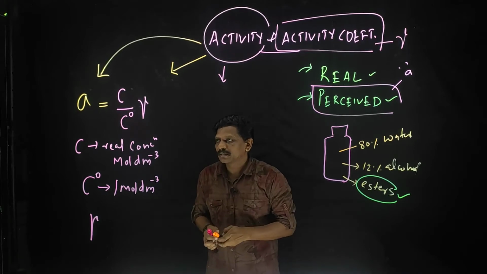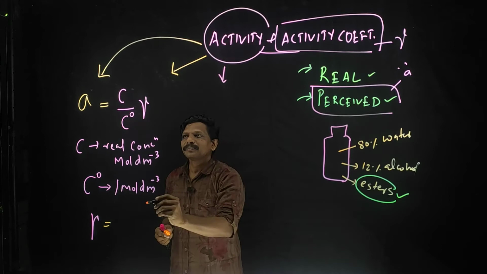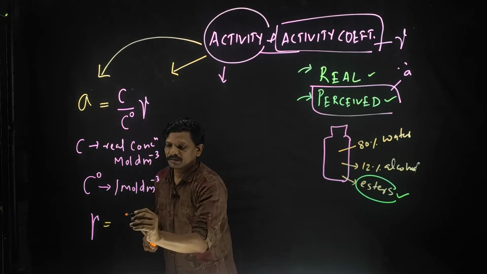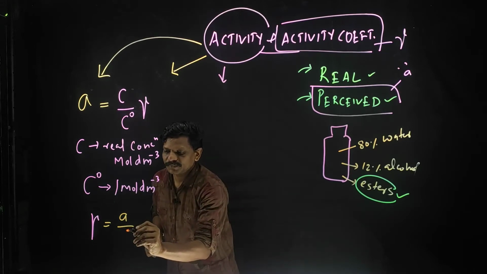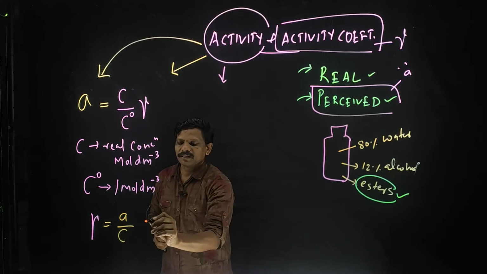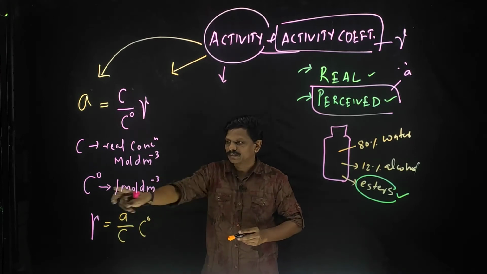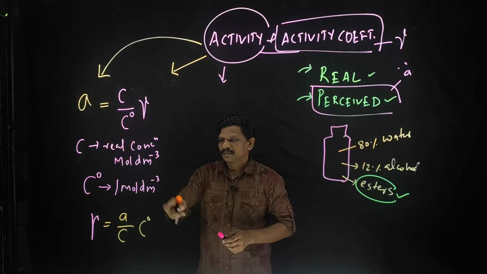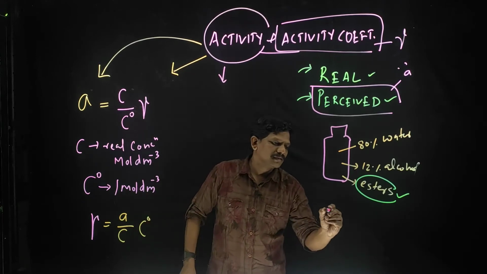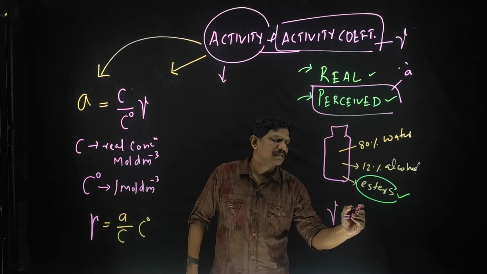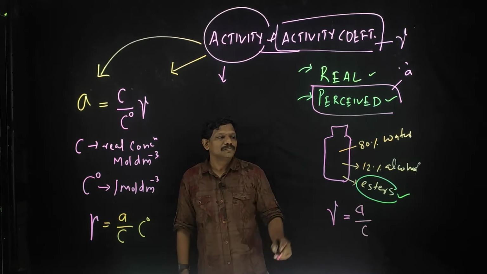So gamma means what? Here you can write gamma is equal to A by C into C0. Okay. So C0 you need not consider, because C0 is 1 mole dm raised to minus 3, and simply you can write this gamma is equal to A by C. So what is gamma?